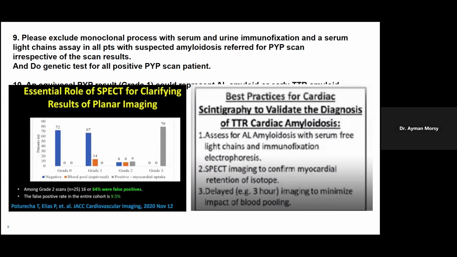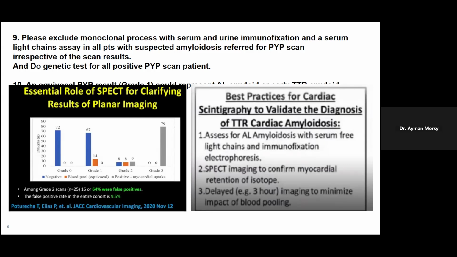Again, please exclude monoclonal processes with serum and urine immunofixation with serum light chain assay in all patients with suspected amyloid referred for BYB, irrespective of scan result. Always, as a general rule, do genetic testing for all positive BYB scans nowadays.